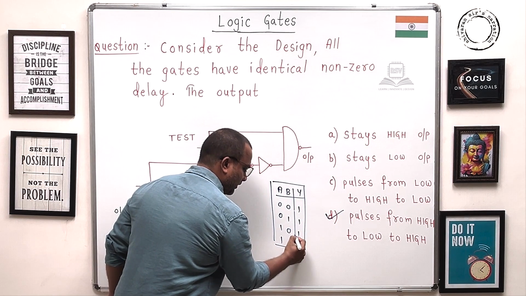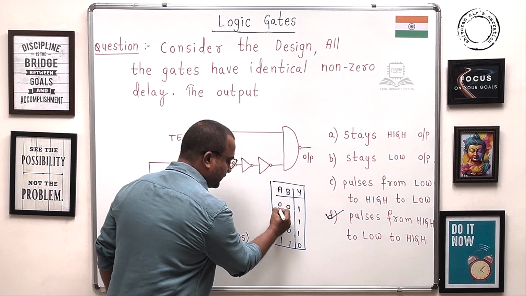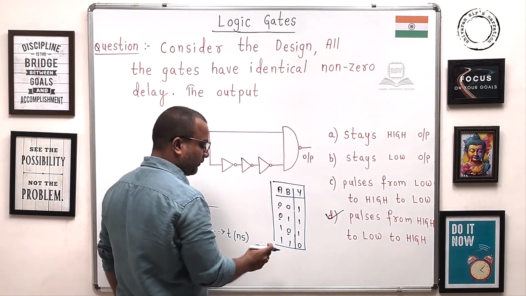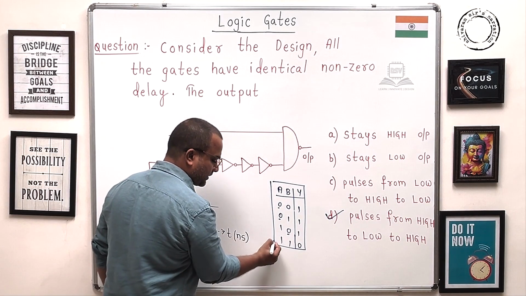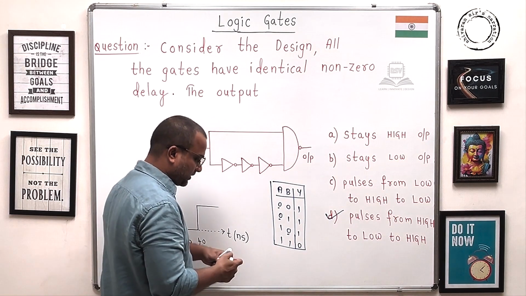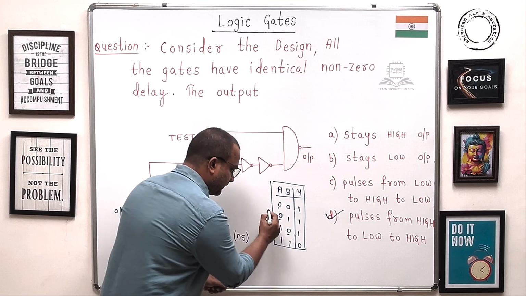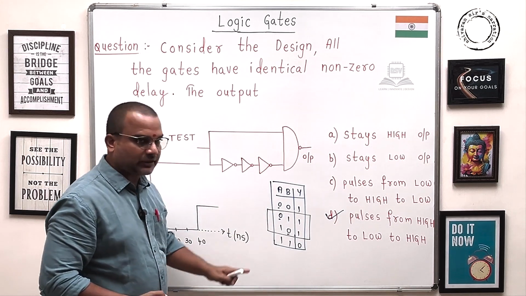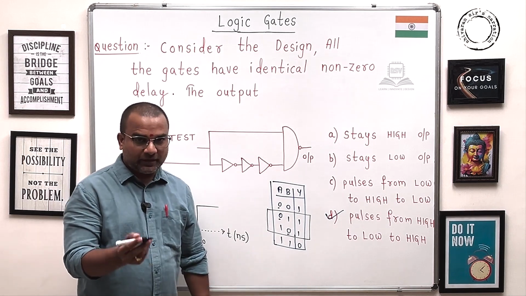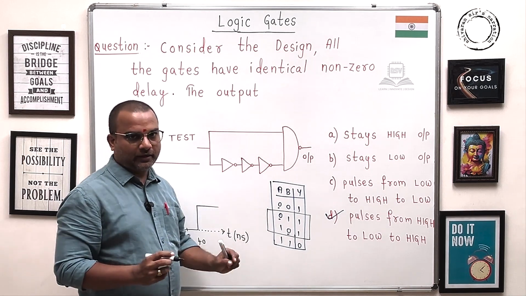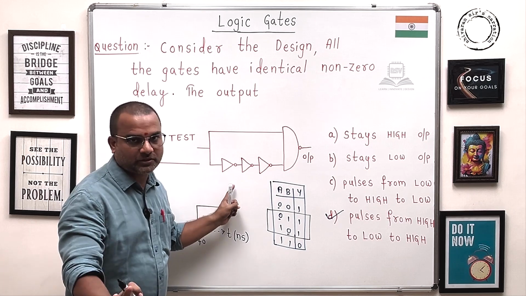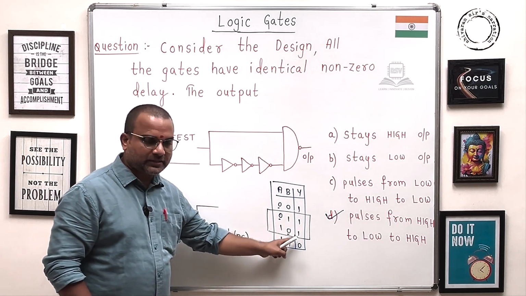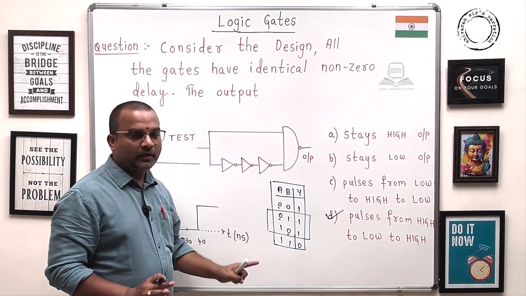That means whenever one of the inputs is logic 0, output is logic 1, and when both inputs are logic 1, output is logic 0. Especially take these two cases, 0 1 and 1 0, output is 1 only. That means for a NAND gate with two inputs, when the inputs are different, output is logic 1.